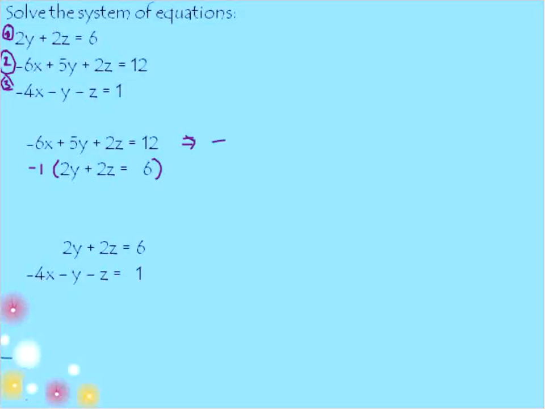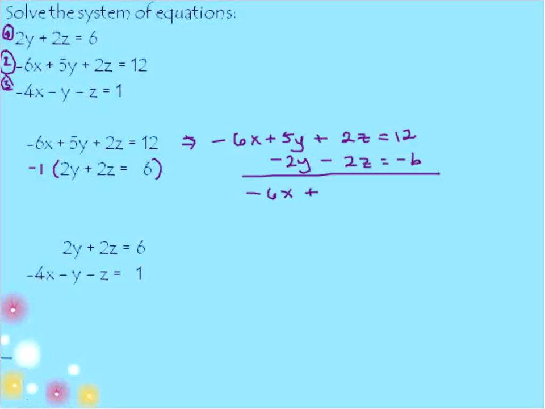That will give me -2y minus 2z equal to -6, and -6x plus 5y plus 2z equal to 12. Combining the two together, that'll leave me with -6x plus 3y, the z's cancel, equal to 6.